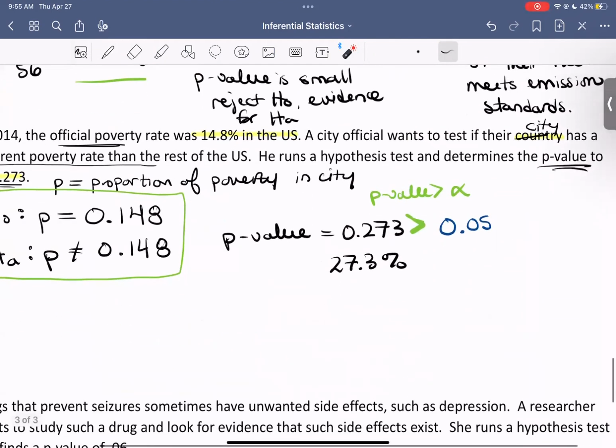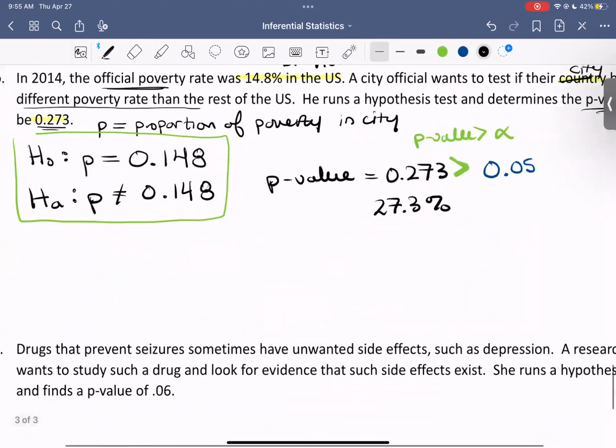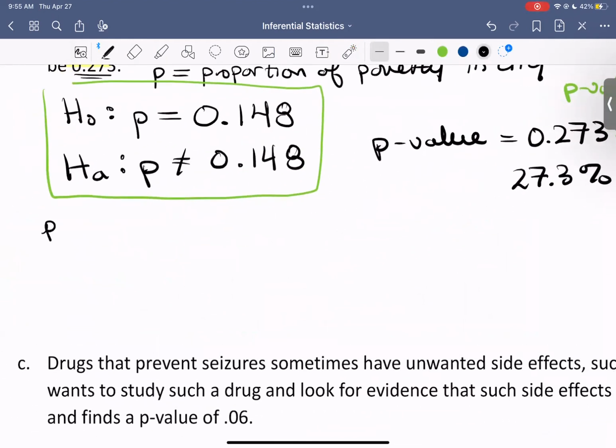So let's go ahead and write that out. So here, the p-value is not too small. So what does that mean? We fail to reject H0.